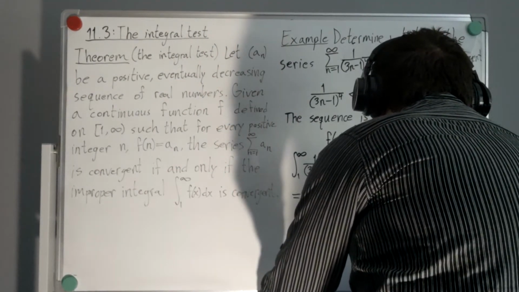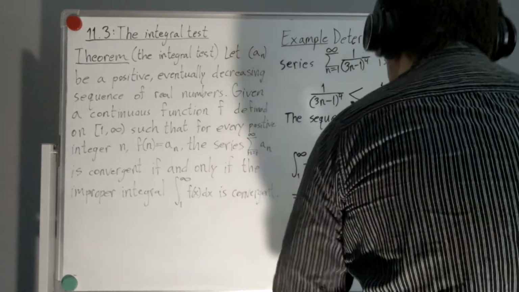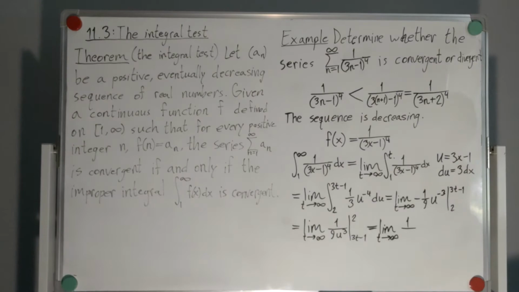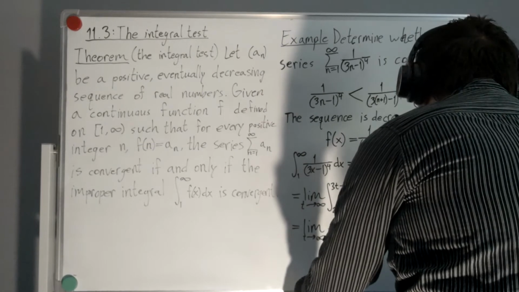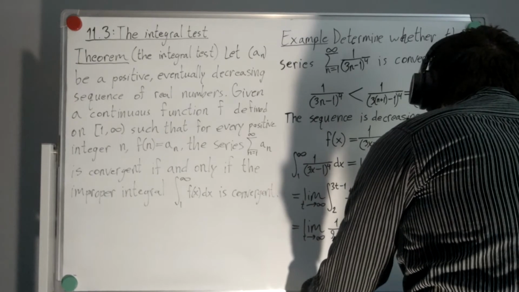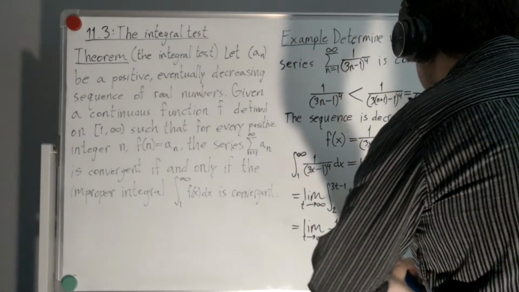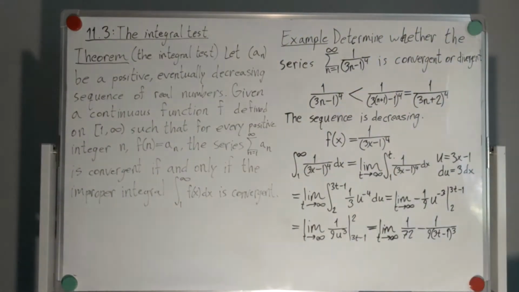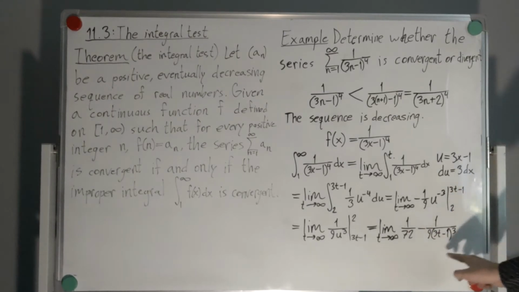Okay, so then you evaluate this, and what you get is the limit as t approaches infinity of 1 over, let's see, 2 cubed is 8, and then 9 times 8 is 72. So 1 over 72 minus 1 over 9 times 3t minus 1 cubed. Now as t approaches infinity, of course this denominator gets enormous, and so this whole fraction approaches 0.